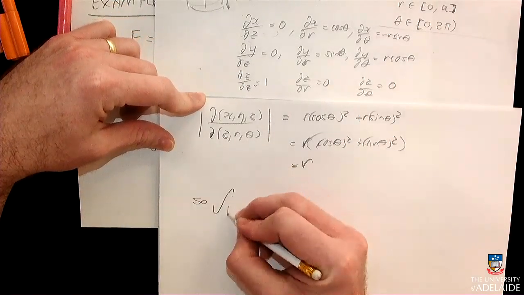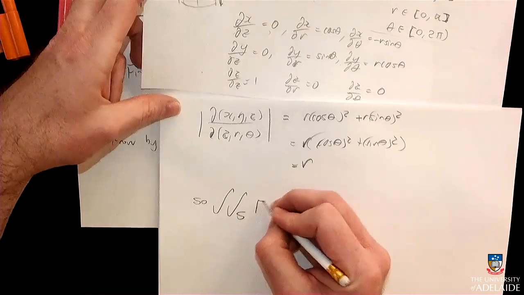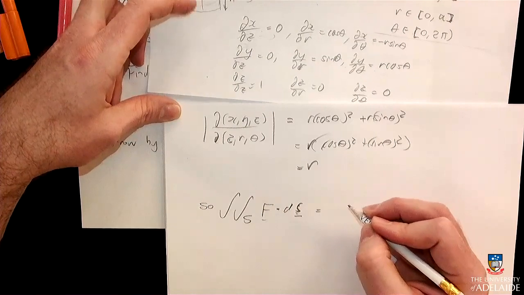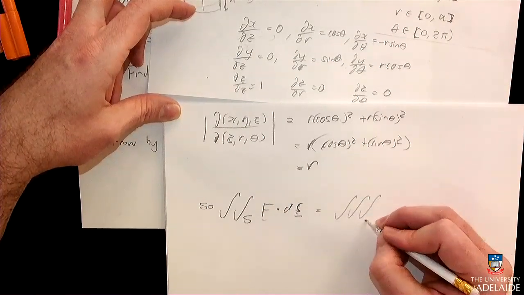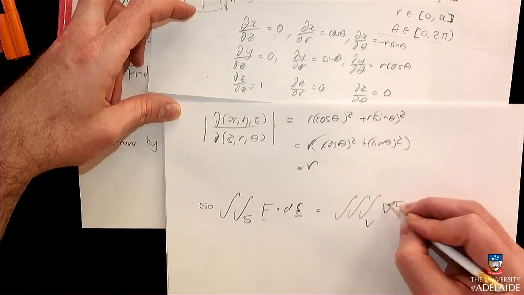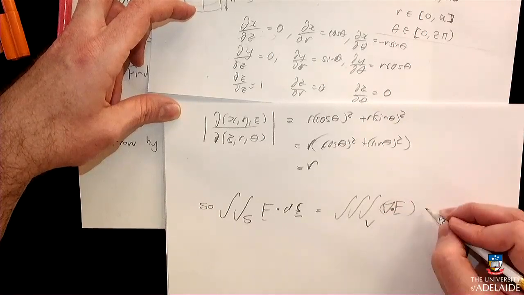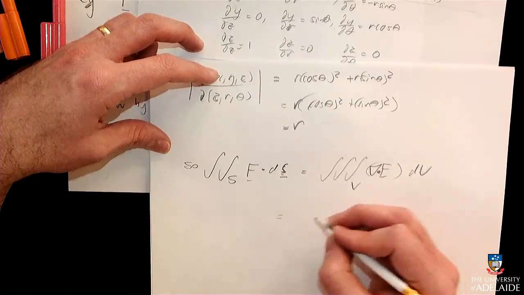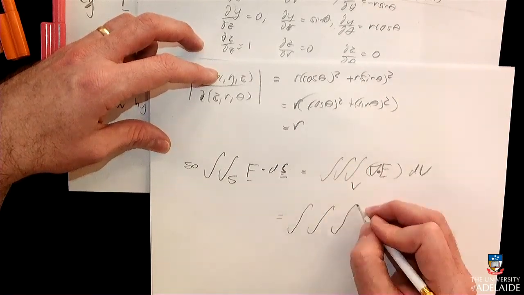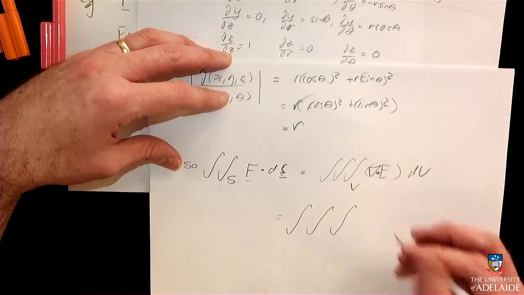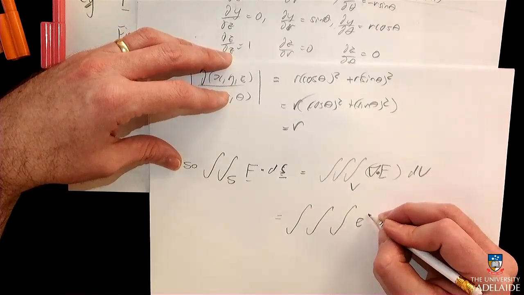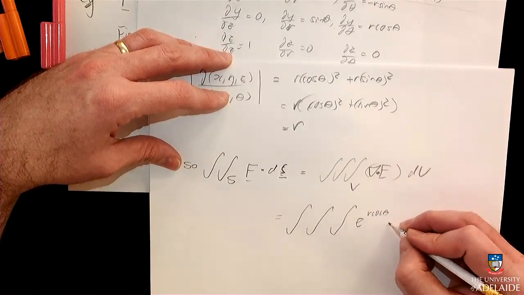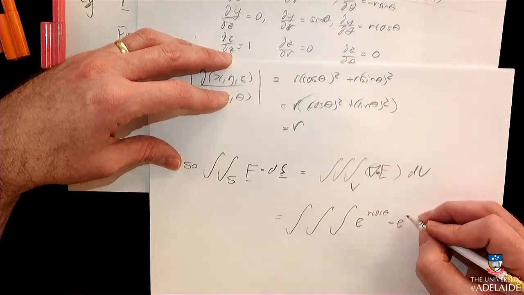So the double integral across my surface of f dot ds is the same as the triple integral across my volume of del dot f dv, which is, oh crap, what's x? r cos theta. And z is just z.